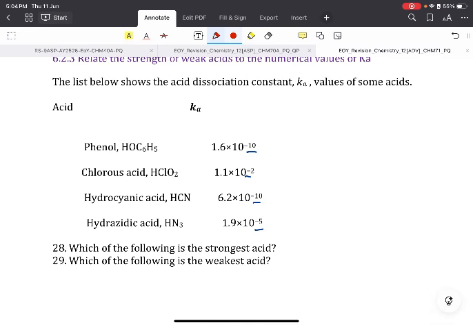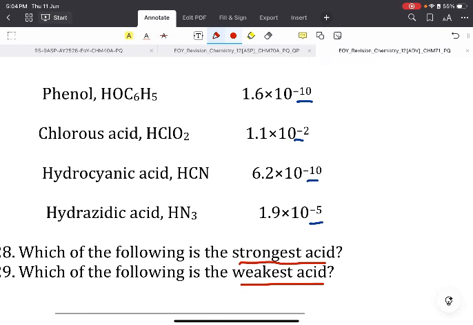Here in this question, they are showing you a list of acids with their ionization constants, or dissociation constants. And the question says which one is the strongest, which one is the weakest. If you look at the value of Ka, this is very small, and this is also very small. This is a bit larger, and this is much larger.